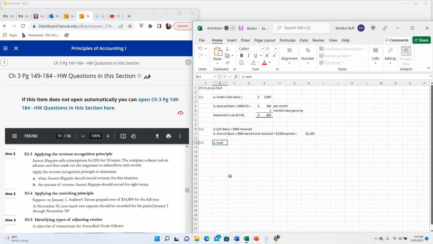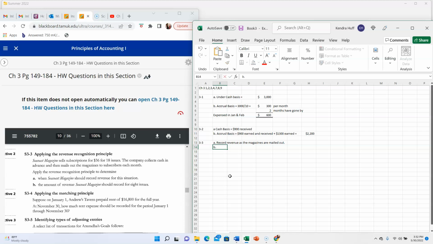All right, you record revenue as the magazines are mailed out. Not when you actually got the $36. Right, the amount of revenue Seacoast Magazine should record for 8 issues.